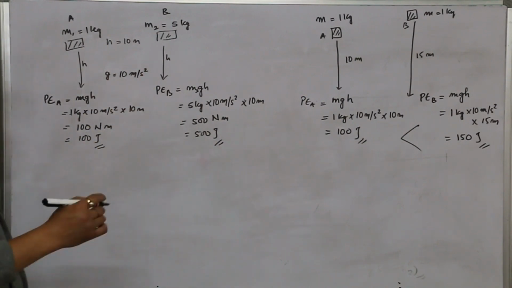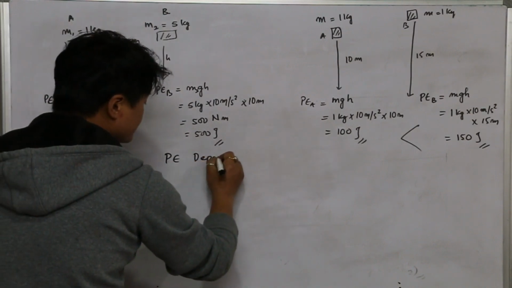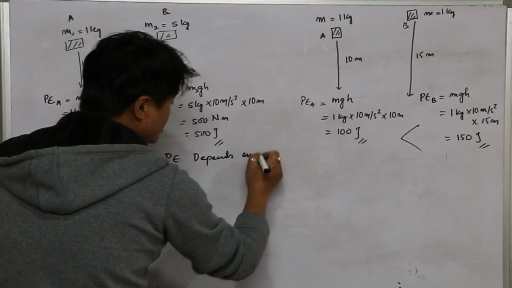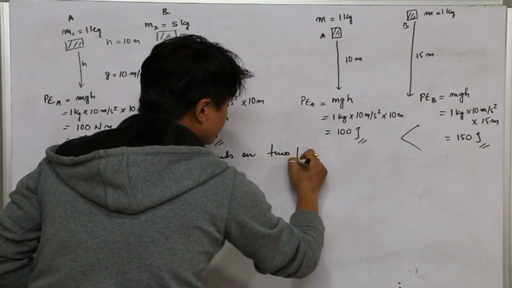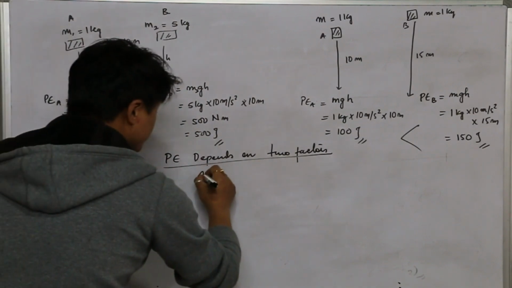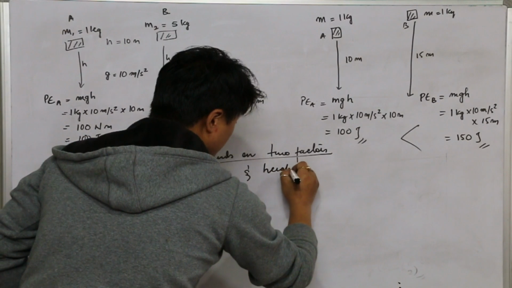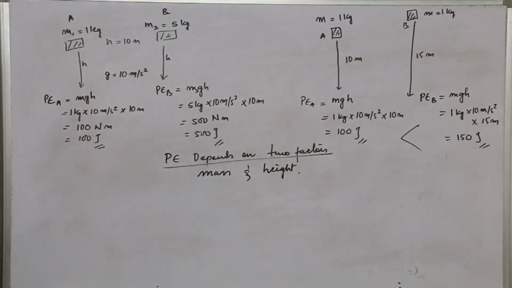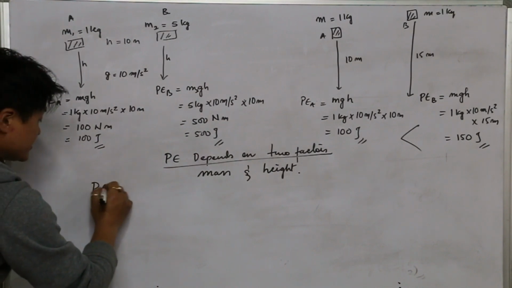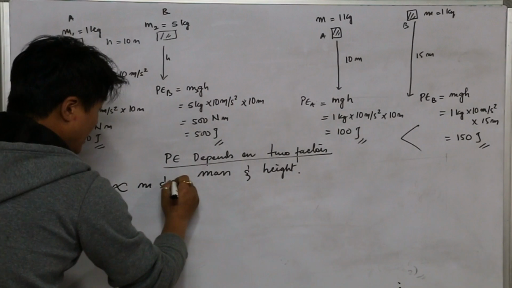So we can say that potential energy depends on two factors. One is the mass of the body and the other is the height. These are the two factors on which potential energy depends, and potential energy is proportional to mass and height.